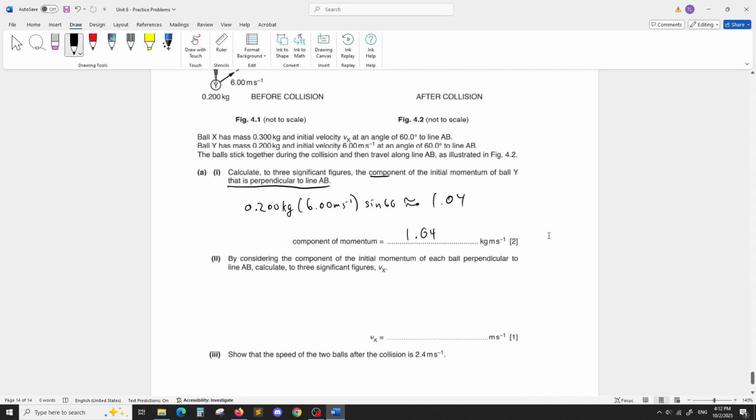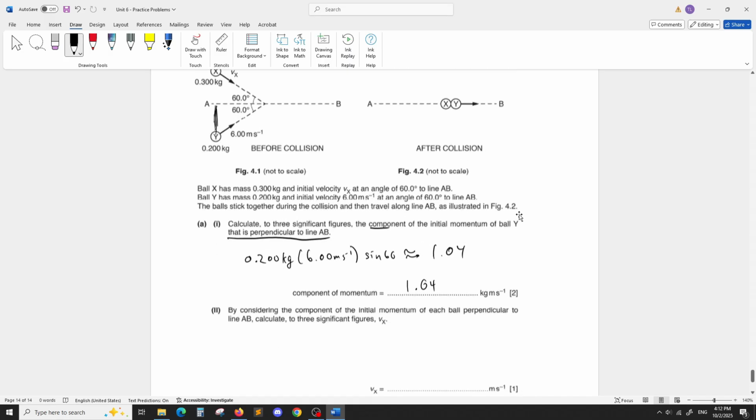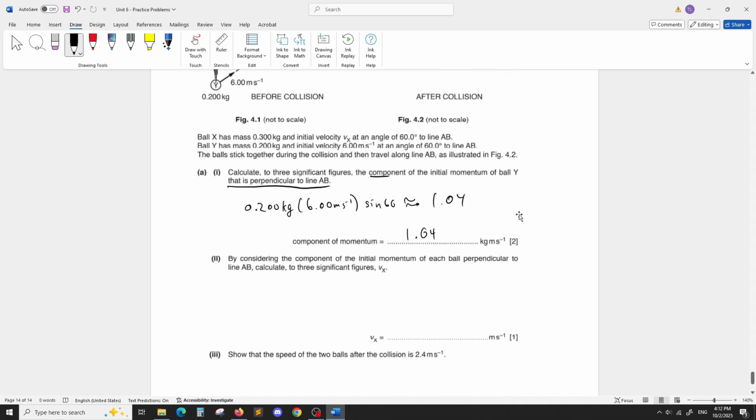By considering the component of initial momentum of each ball perpendicular to the line AB, calculate to 3 significant figures v of x. Okay. So since we know that we're going up 1.04, this is ball y. So I have to calculate ball x.